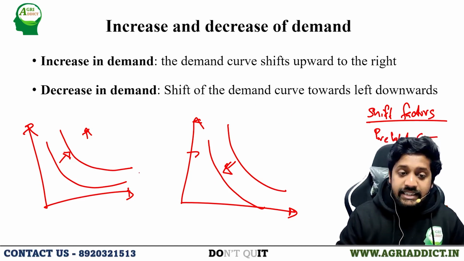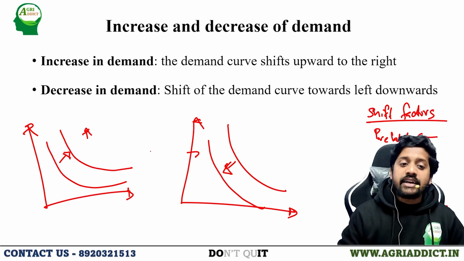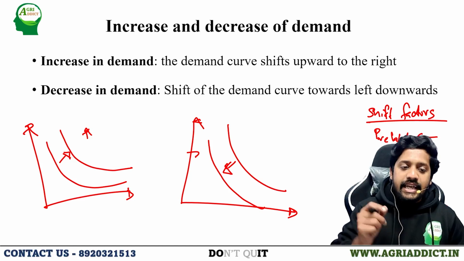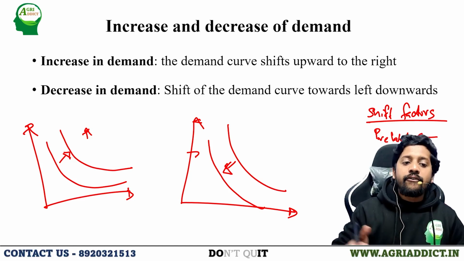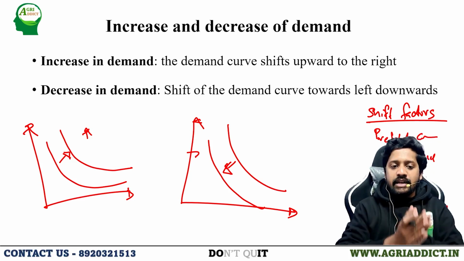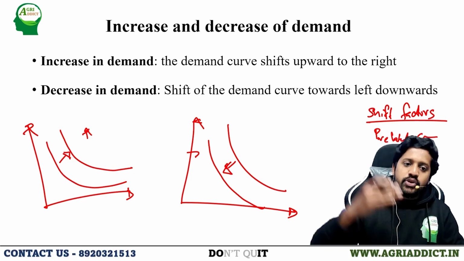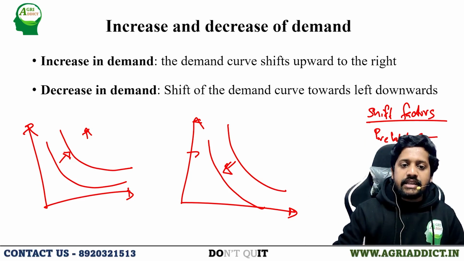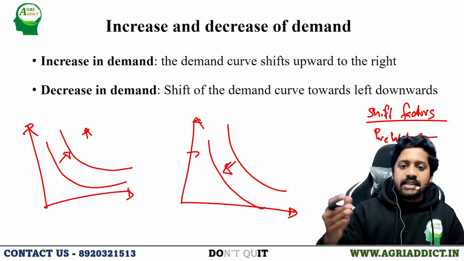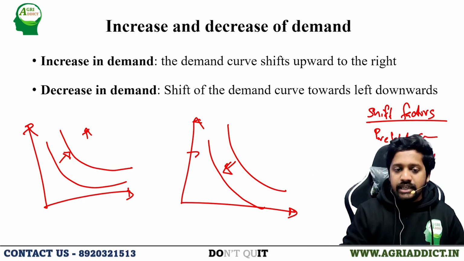So extension and contraction of the demand happen along the same demand curve, whereas increase and decrease happen with a shift. Increase in demand is the demand curve shifting from the lower position to the upper, and decrease in demand is the shift of the demand curve from upper to lower, that is, shifting left downwards.